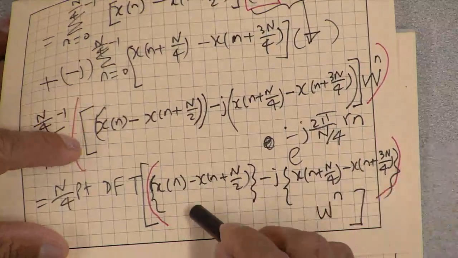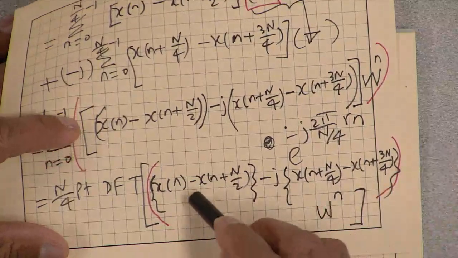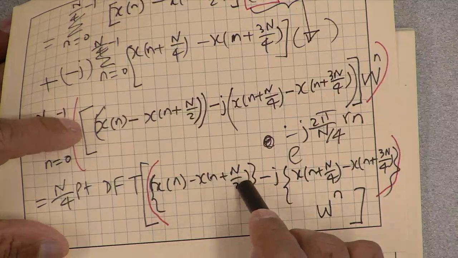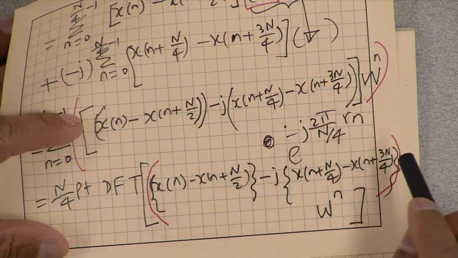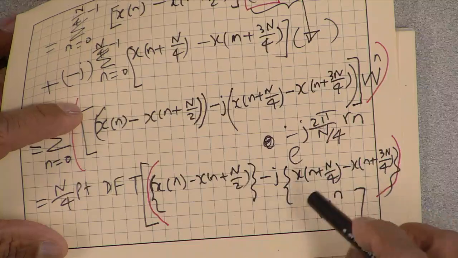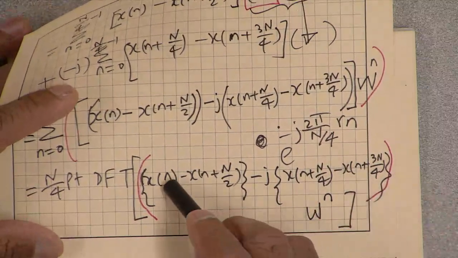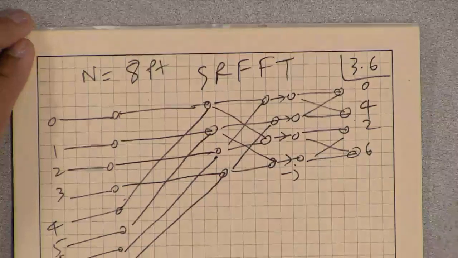Okay, so let's start here. So n takes two values, 0 and 1: 0 minus 4, and then when n is 1, 1 minus 5.